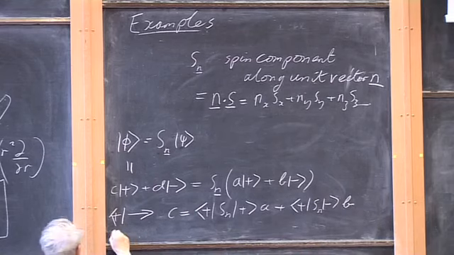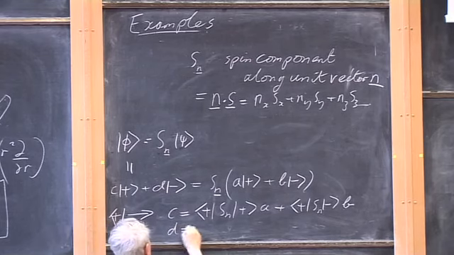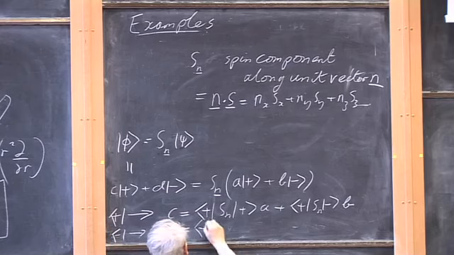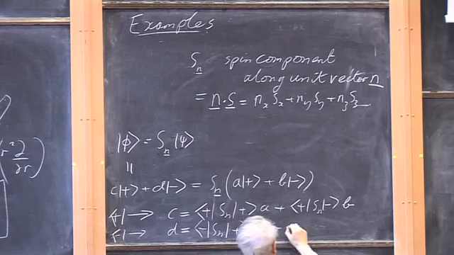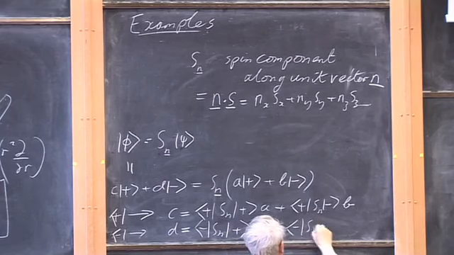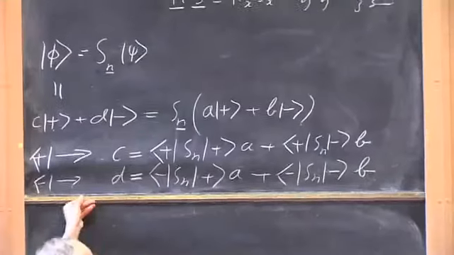And bra-ing through by minus, we get an equation which tells us the value of d, which is equal to minus Sn plus of a, plus minus Sn minus of b.